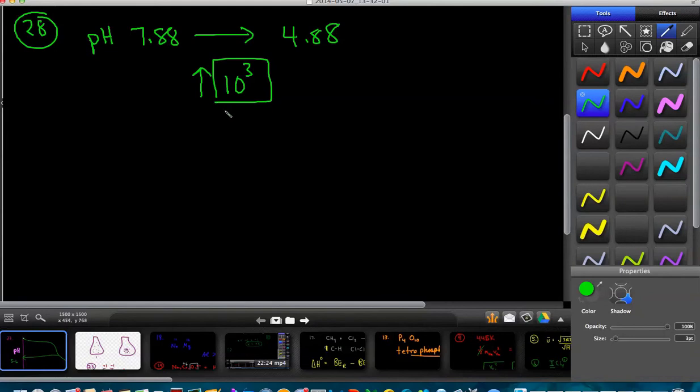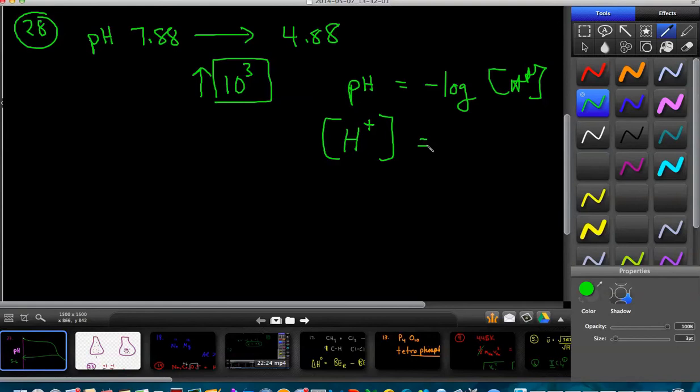When pH goes down, hydronium ion goes up because pH is the negative log of hydronium ion, which means that hydronium ion concentration is equal to 10 to the minus pH. When the pH goes down, this becomes less negative and H plus goes up. Number 28, the best answer is C.